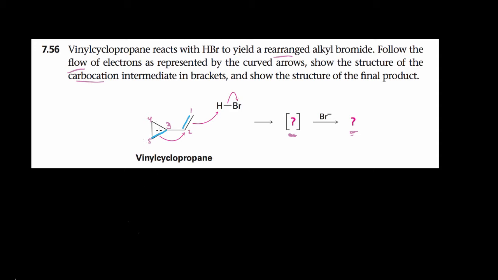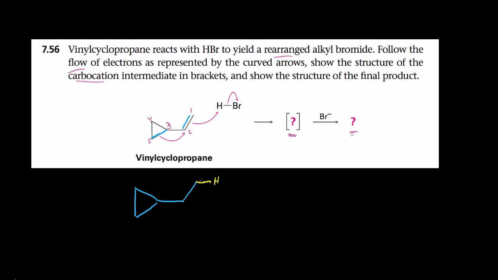And I'm just going to redraw what you get when you do that, and I'll draw it in the same kind of way. So I'll put the starting material here, and when we add HBr, when we follow the flow of electrons here, we will essentially end up with a proton attached here.